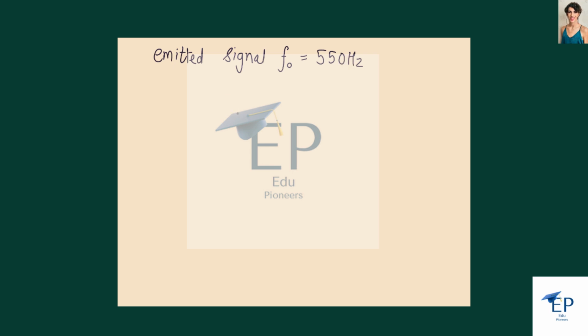So this is f0. The observed frequency, let us call it f prime, is equal to 640 Hz.